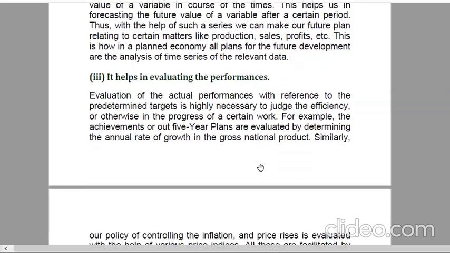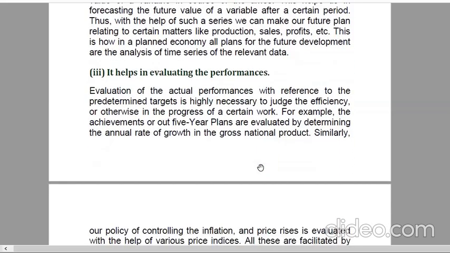Now, the third point is it helps in evaluating the performance. Evaluation of the actual performance with reference to the predetermined targets is highly necessary to judge the efficiency or otherwise in the progress of a certain work.